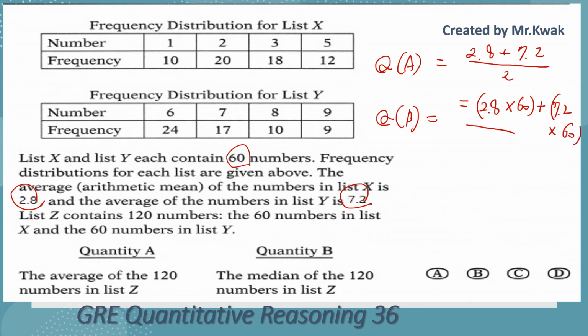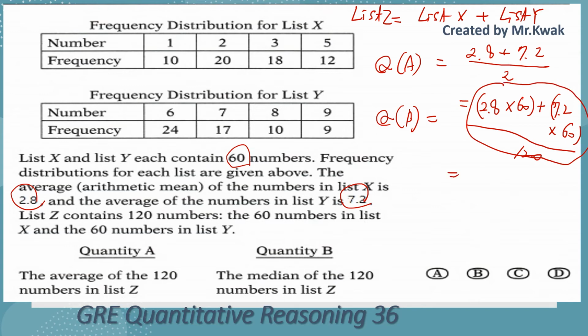And then we can divide by the total number 120. Is that correct? Yes, right. Because anyway, list Z is the combination of list X plus list Y. That's why this equation is correct. In that case, 60 and then 2.8 plus 7.2.